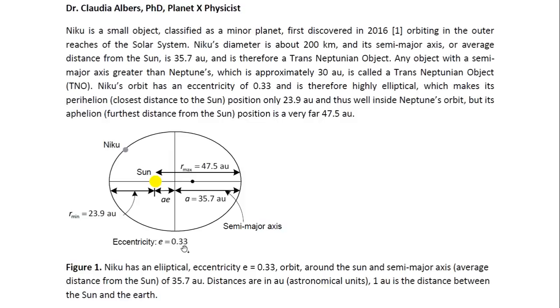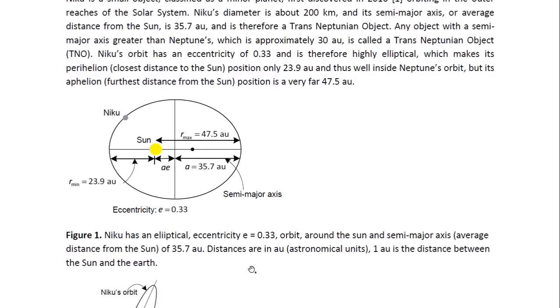And the eccentricity is 0.33. The eccentricity is defined by the distance we see here, which is from the Sun to the center of the ellipse. And that distance is then equal to A, the semi-major axis, times E, which in this case is 0.33.